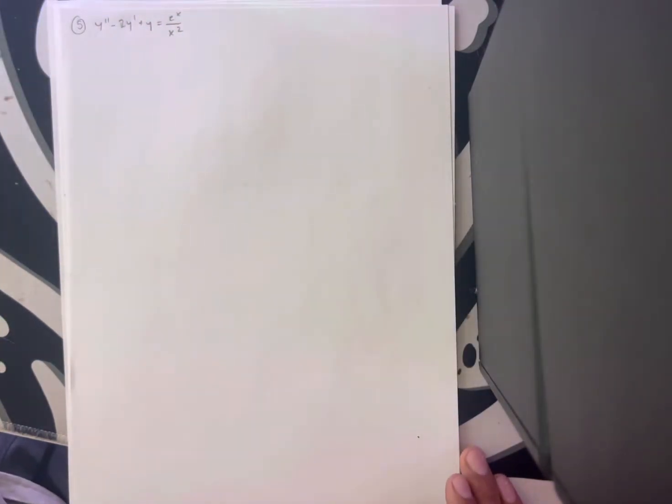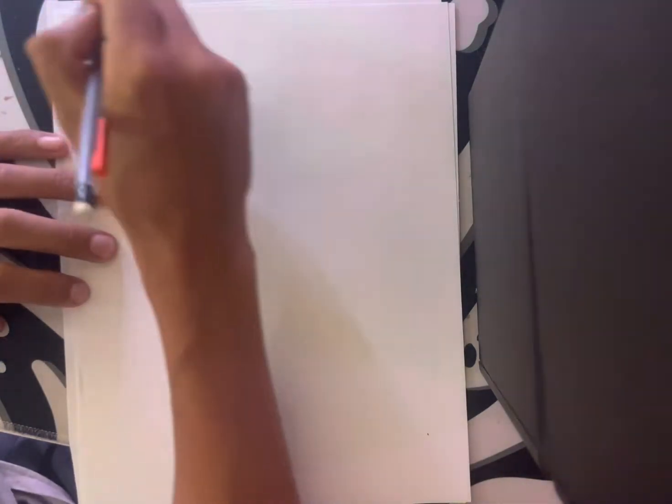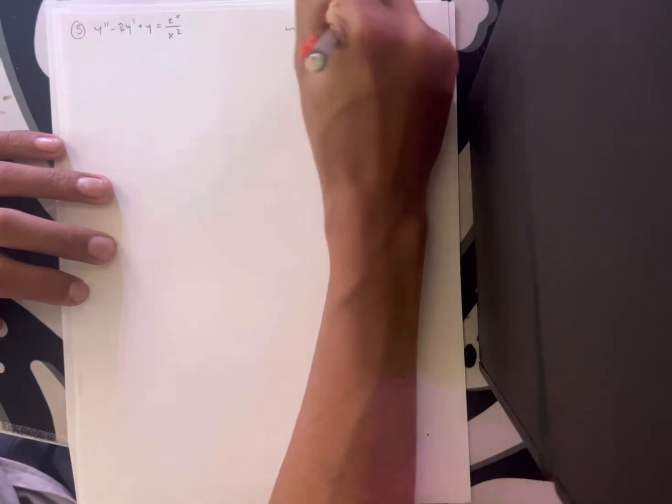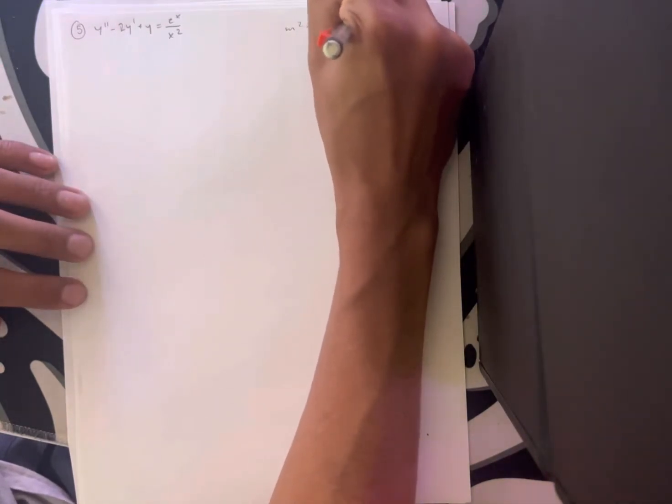So we'll begin by finding the auxiliary equation, which would be m squared minus 2m plus 1 equals 0.